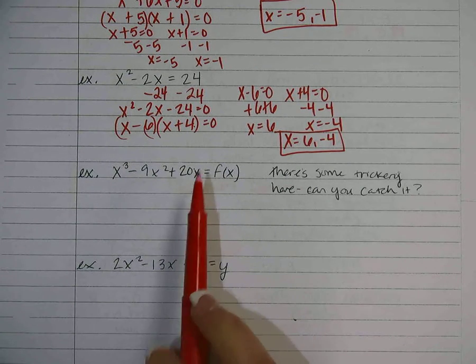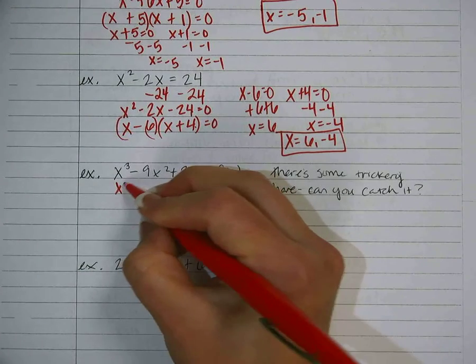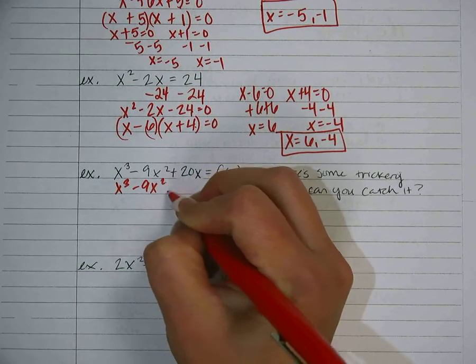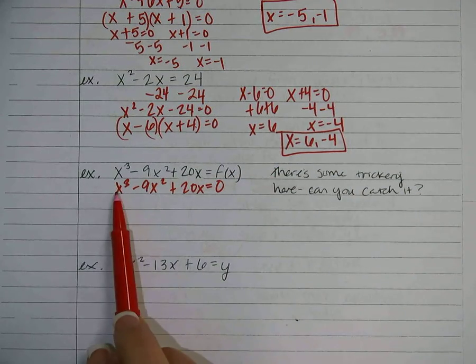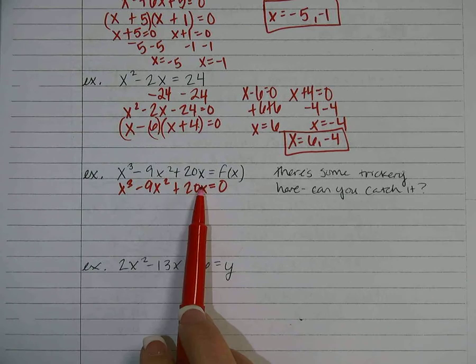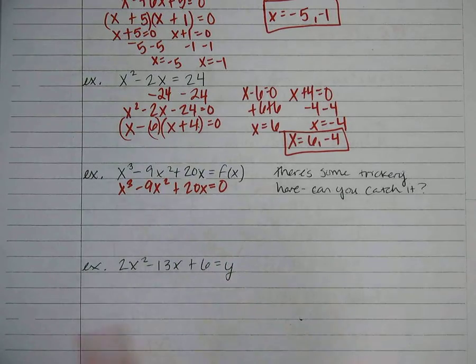Now, if I look at this problem, well, first let's replace f of x with 0. If I look at this, I see that all of these terms have an x. That's a GCF. So I need to factor that out.